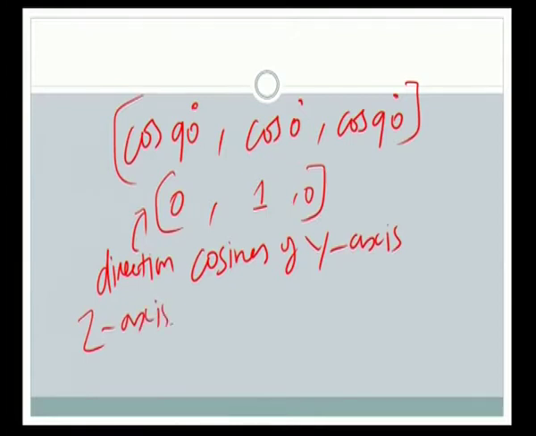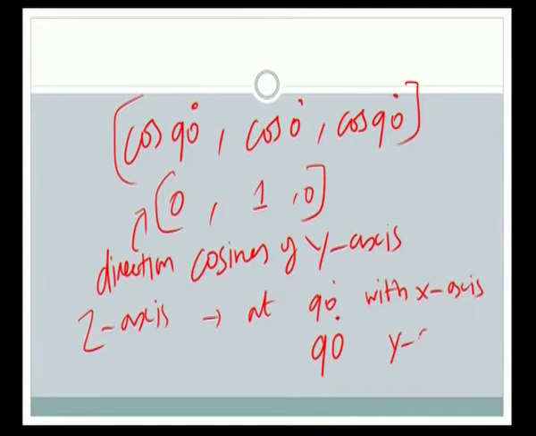You know, this z axis is at 90 degree with x axis, then at 90 degree with y axis, then at 0 degree with itself.